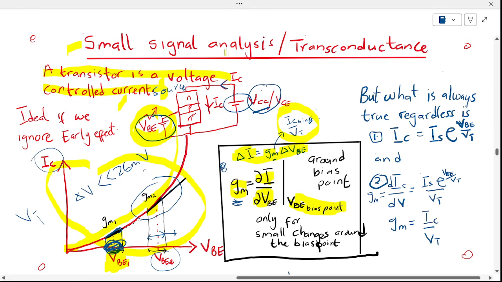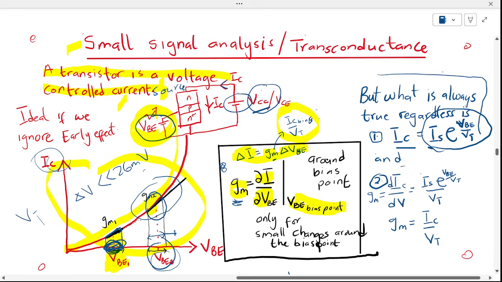So changing the color again. So around here, only small changes, they have that linear relationship between the voltage and the current. So it's very important for you to be able to visualize this part very well so that I get a better understanding. But what is always true regardless is that IC, of course we are ignoring early voltage, is equal to the reverse saturation current times this exponential VBE over VT.